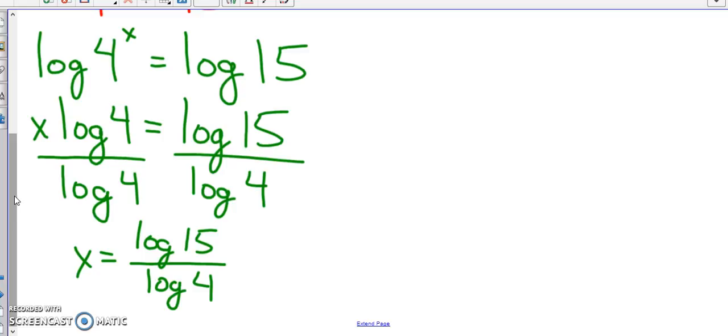If there's ever any doubt, ask and I'll tell you what I want. If this is on the test, more than likely this is what I'm going to want to see. And if I don't, I'm going to say approximate to a certain number of decimal places.